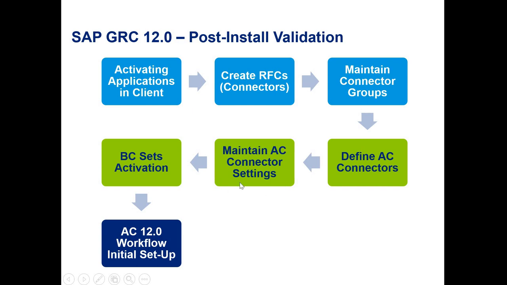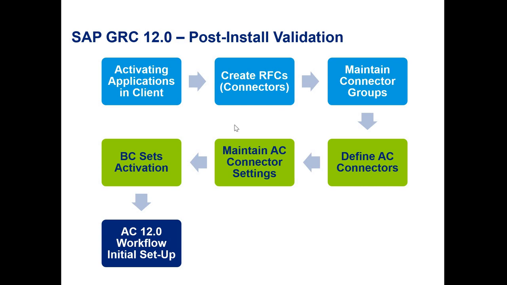In this particular step, we are defining what type of access control module we want to implement. Suppose we want to implement access control. Within access control, you choose which sub module you want to implement. It is not mandatory that you install all four; it's your choice.